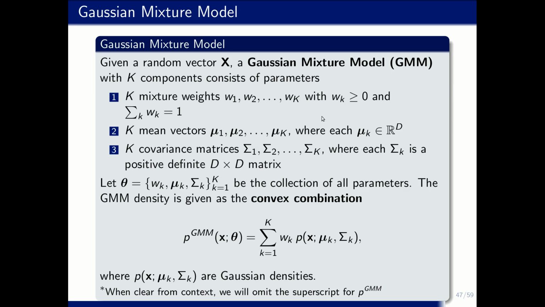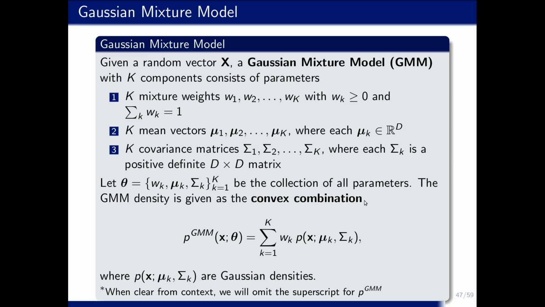Now let's take all these parameters, all the mixture weights, all the means, and all the covariances, and put them into a single set, boldface theta. This is the collection of all the parameters of our Gaussian mixture model. A Gaussian mixture model is then given as a convex combination.